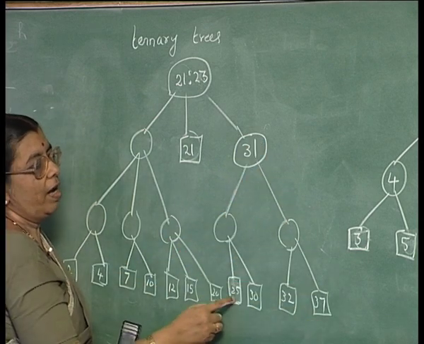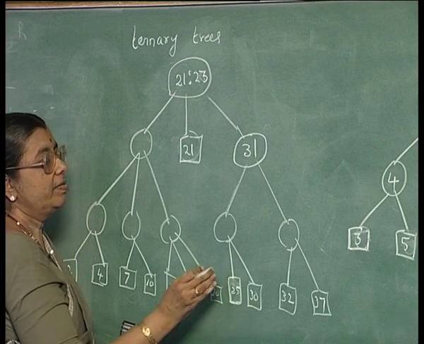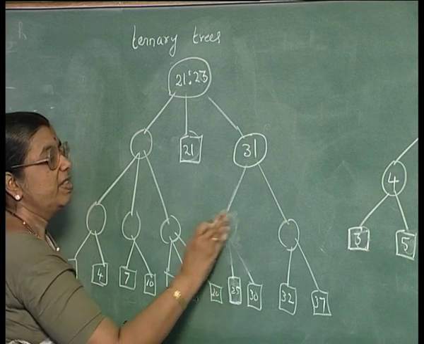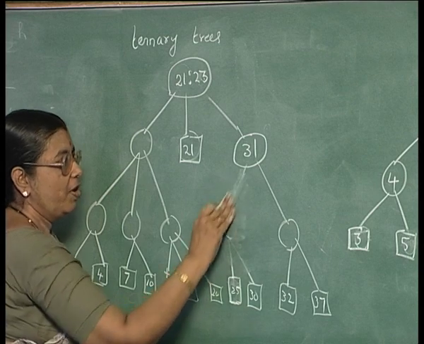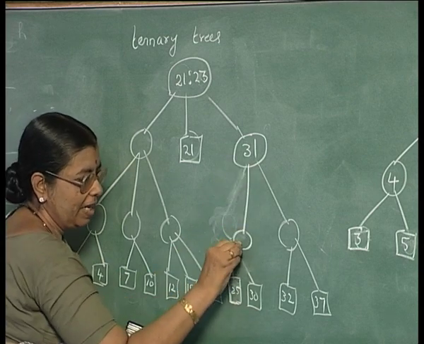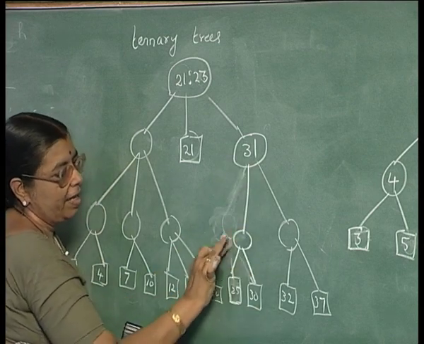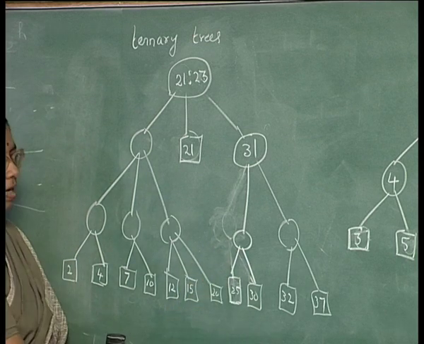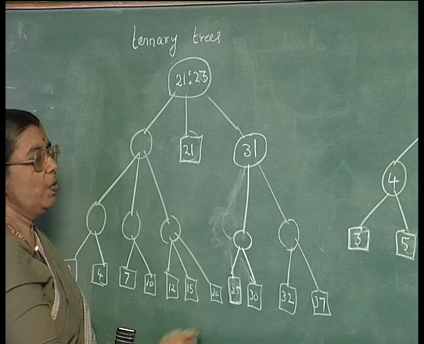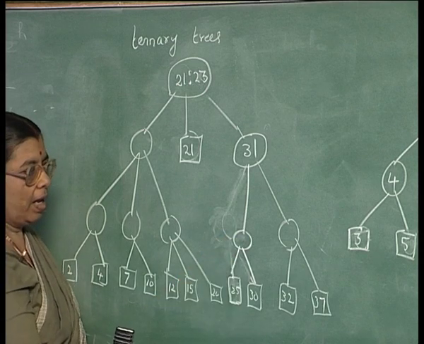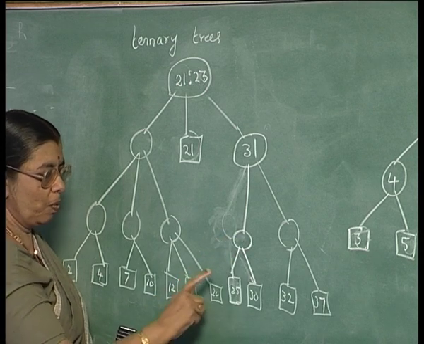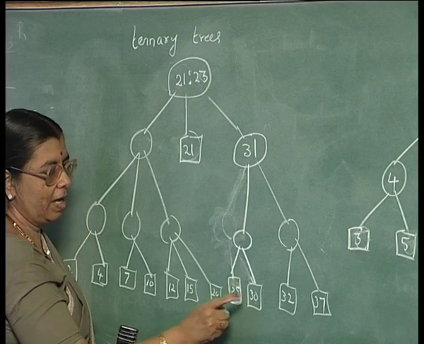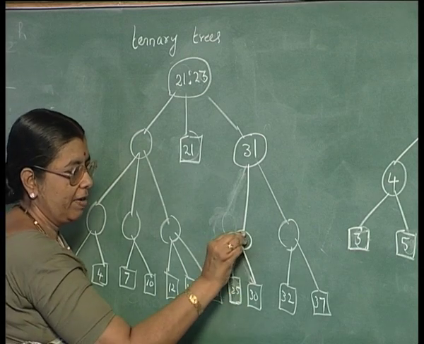Now, here you are having 25 and 30. Maybe I should draw it in a slightly different way, so that the left and the right are clearly seen. So, here I should have a value such that it is more than 25 and less than or equal to 30, something like 27 I can have.